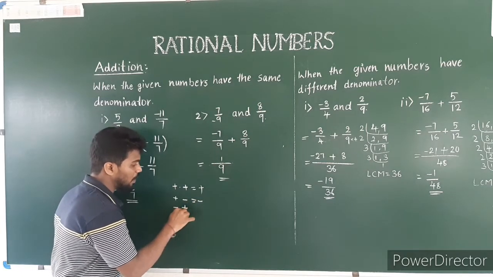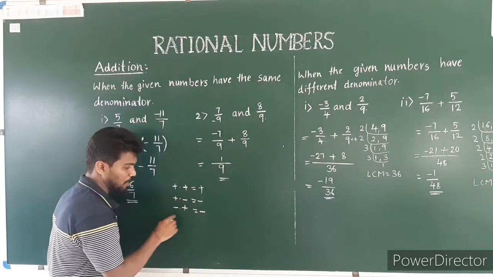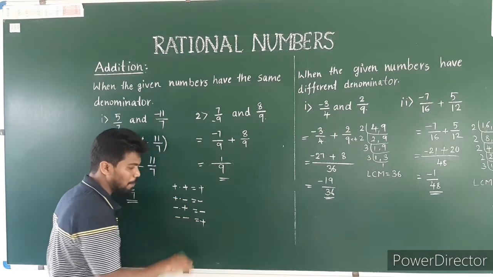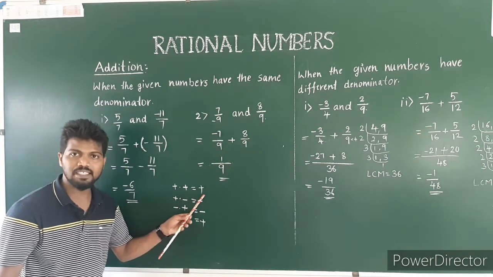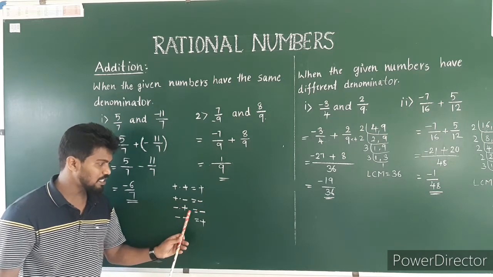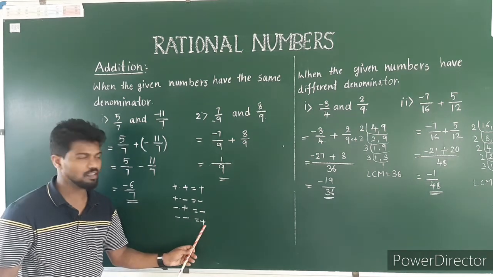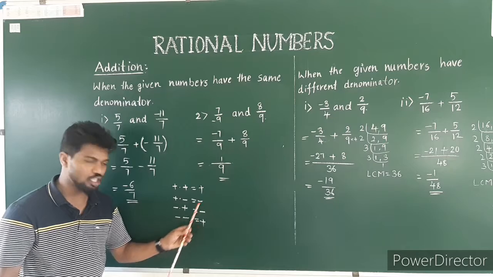Minus into plus, you get minus. Minus into minus, you get plus. See that? Plus into plus, plus; plus into minus, minus; minus into plus, minus. So both negative means plus. If you multiply the same signs, you get plus always.